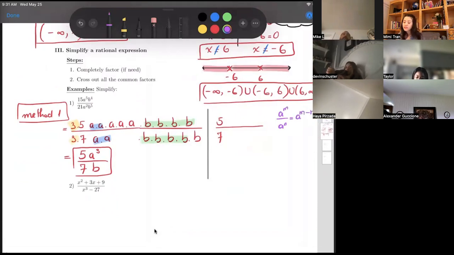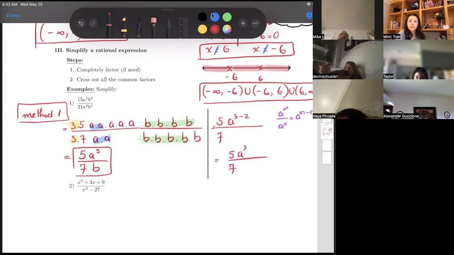Right, so a to the 5th divided by a squared equals a to the 5th minus 2, which is 3. So 5 minus 2 is 3, so a cubed.